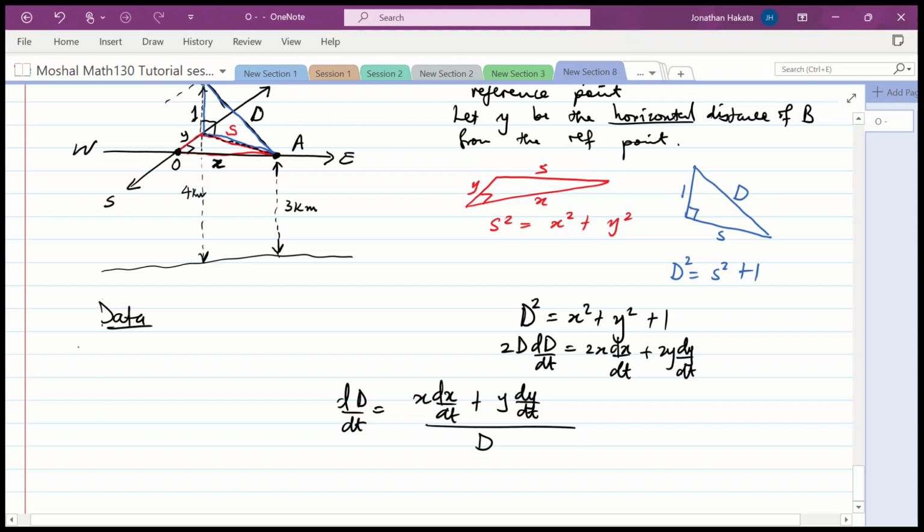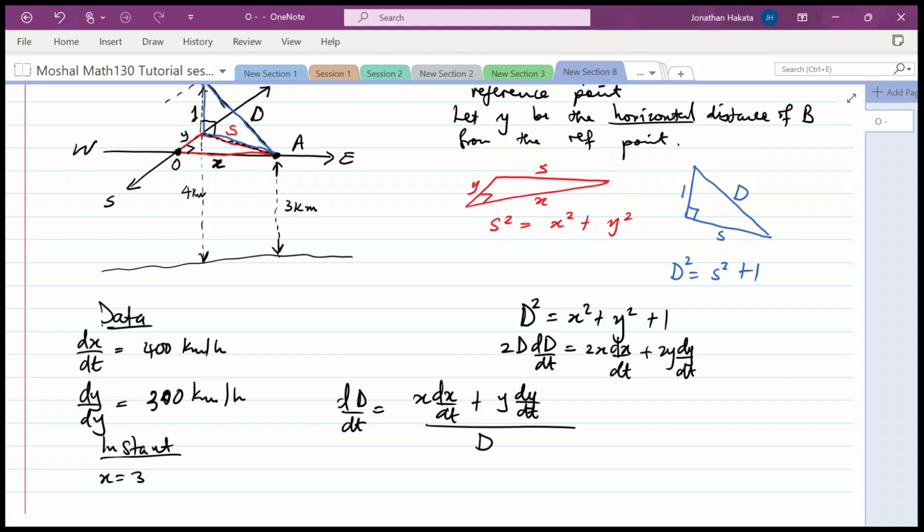We are told that the speed of the aeroplane A is 400 kilometers per hour, and we are told that the speed of the car B is 300 kilometers per hour, and we are asked to calculate dD/dt at the instant when x is equal to, sorry, not 3, 5.